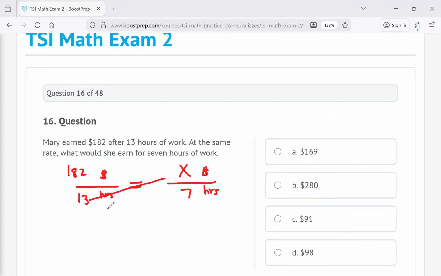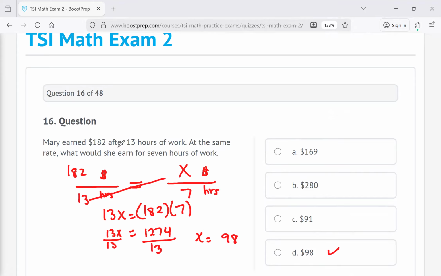And then we will cross multiply, so that'd be 13x equals 182 times 7. This is 13x, divided by 13. It is 98.